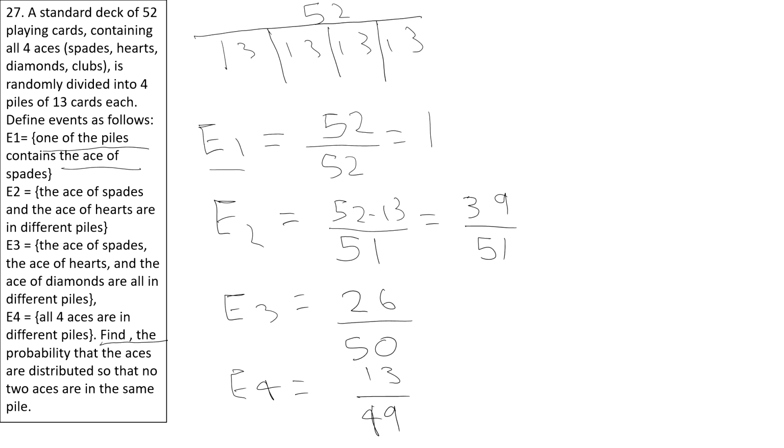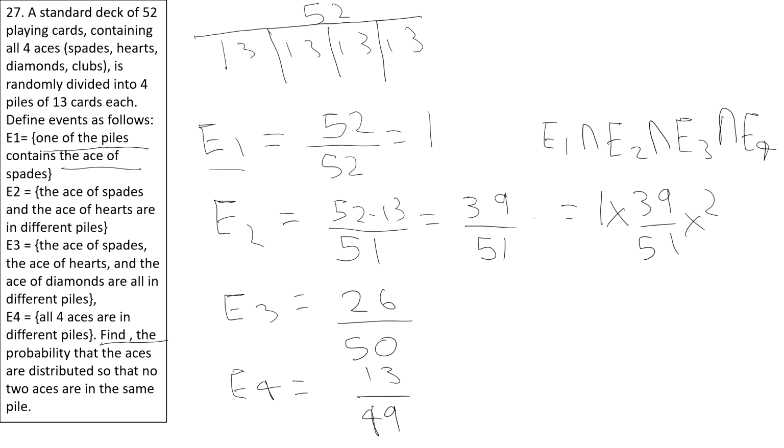So the probability that all aces are in different piles is E1 intersection E2 intersection E3 intersection E4, which is basically 1 into 39 by 51 into 26 by 50 into 13 by 49.